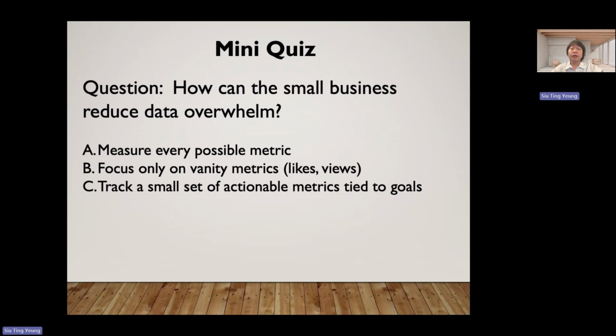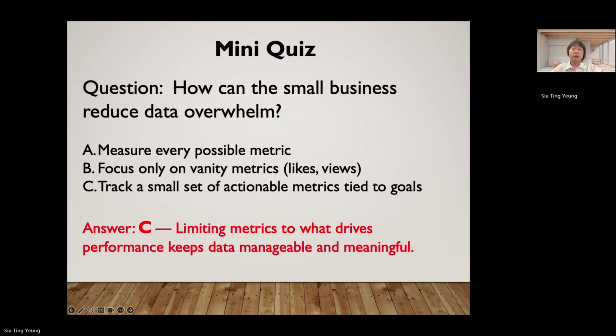C, track a small set of actionable metrics tied to goals. Give you some time to guess which one is correct. Right. The answer is C. Track a small set of actionable metrics tied to goals. Because by limiting metrics to what drives performance, they can keep data manageable and meaningful.